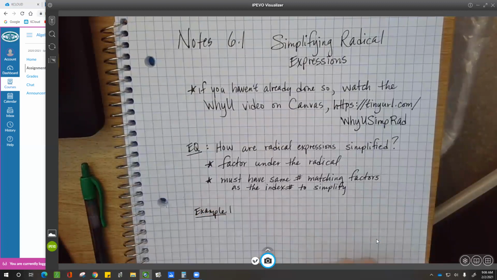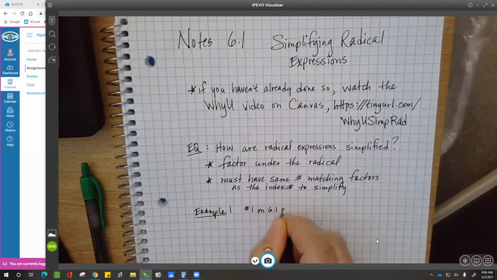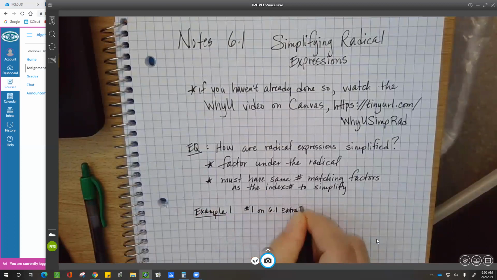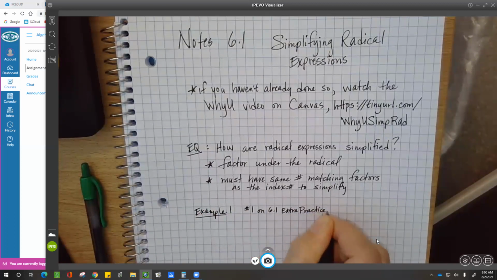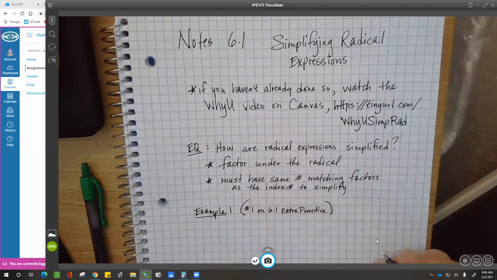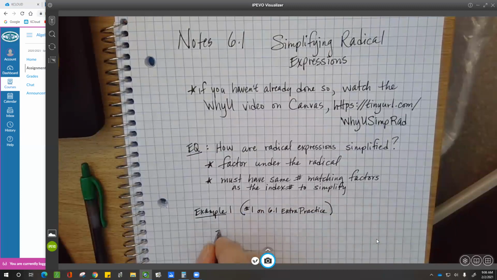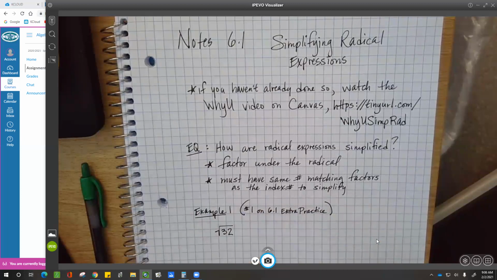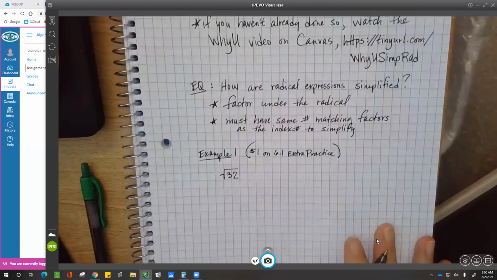Example 1, this is from that extra practice in the 6-1 lesson. This is number 1. Square root of 32. And this is a skill that we started learning in Algebra 1.